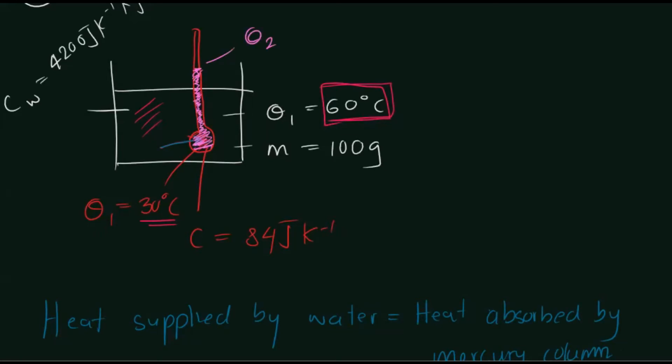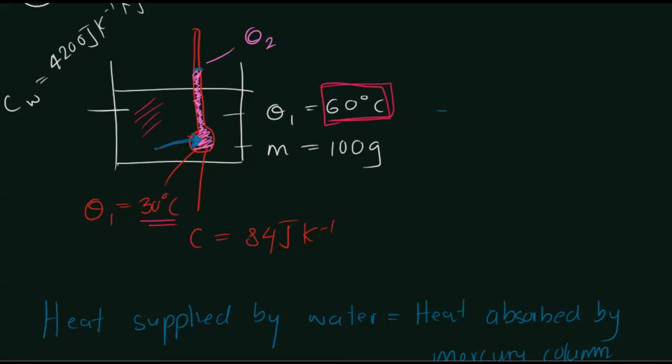After absorbing heat from the water column, it's going to reach an equilibrium temperature. Let's assume that is theta 2. When the mercury column reaches thermal equilibrium, both the mercury column and the water column should be at the same temperature.